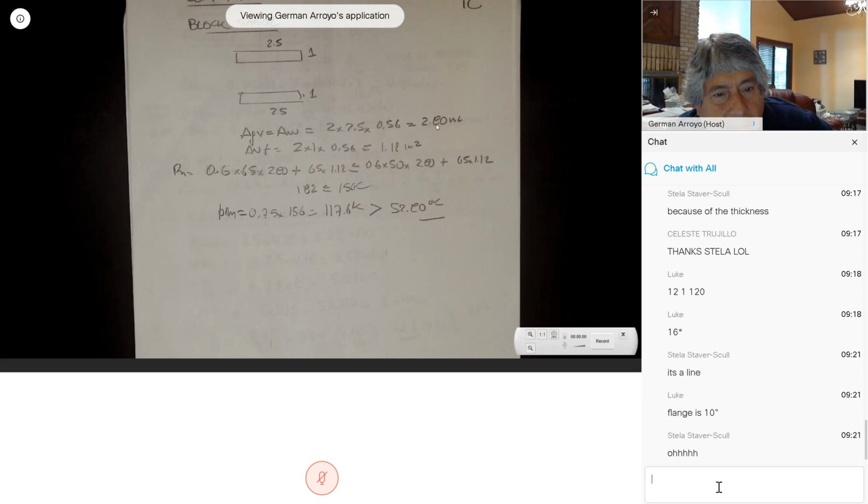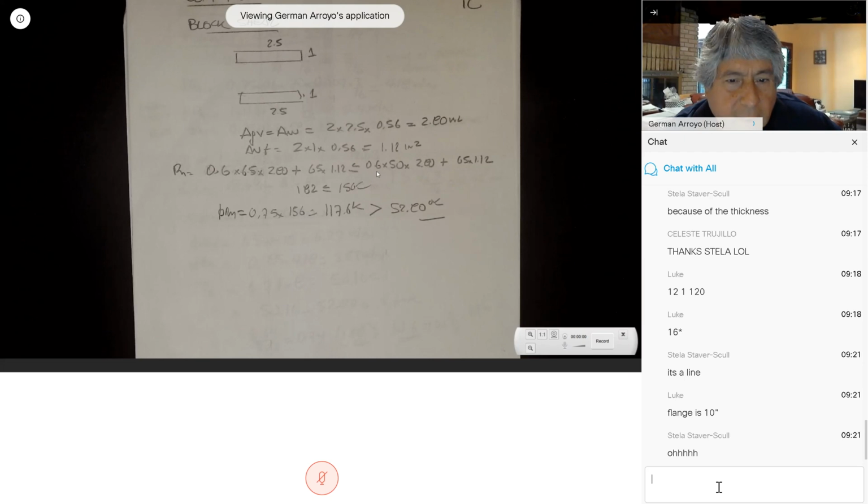The net area in tension, the same as the gross area, is 2 times 1 times 0.56, 1.12. I did the block shear the same way that we always do, and it came 117.6, which is larger than 52.8. Okay. Any questions about this problem?